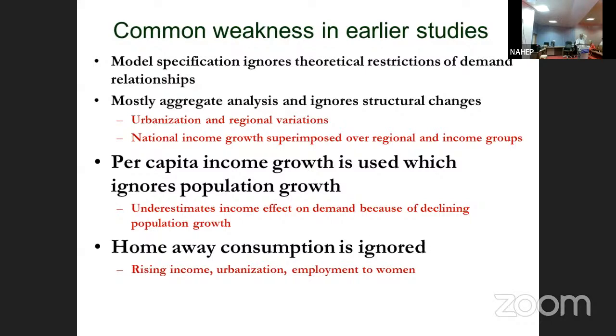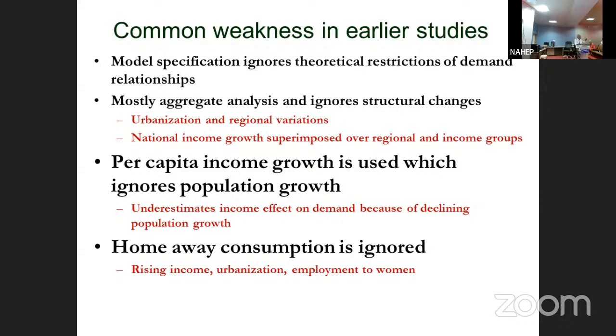Because what we say is per capita income growth. Today we say 7% is the GDP, 2% growth of population, so we say per capita income will change by 3%. But we know that over time this population growth will decline.